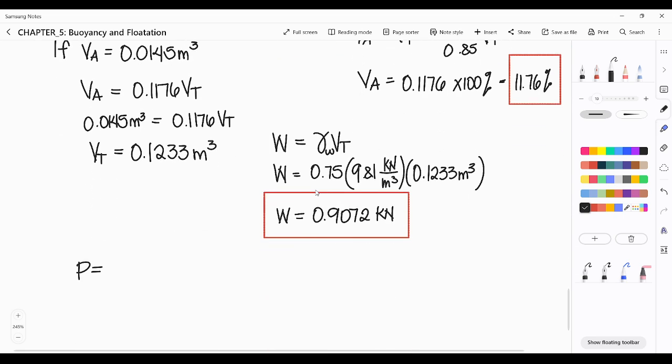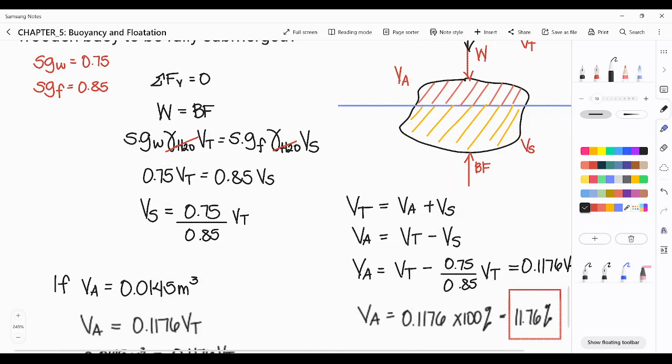So, para malaman yung force na kailangan natin, we'll simply multiply the gamma of our fluid times the volume above the surface. Kasi yun na lang yung kailangan nating ilubog. Nakalubog na kasi yung ibang part, yung volume submerged natin kanina. So, ano ulit yung gamma ng ating fluid? Ano nga yung SG ng fluid natin? 0.85.